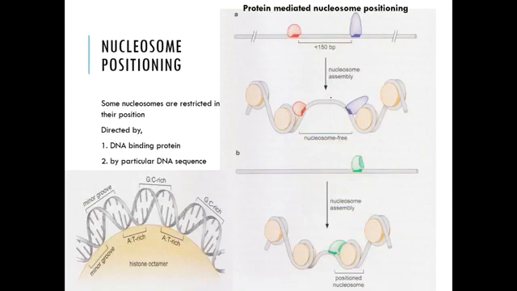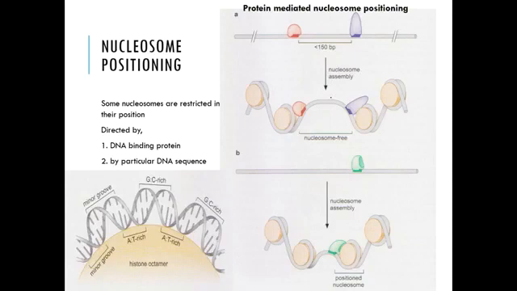In the second method, just see diagram B, right side bottom. A particular protein represented by the green colored structure has a high affinity to the nucleosome structure. In this case, what happens if the protein binds to a stretch of DNA? That protein will accelerate the formation of a nucleosome near the binding site of that protein.